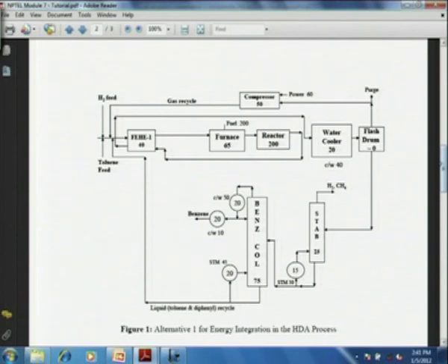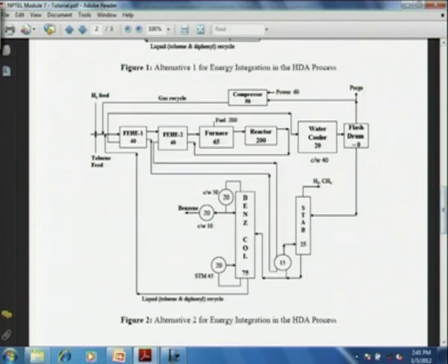Then the second alternative. In the second alternative, there are two feed to effluent heat exchangers. The effluent stream from the reactor enters the second exchanger first, then it drives the reboiler of the stabilizer column, then it enters the first feed to effluent exchanger, thereafter it enters the final water cooler, and thereafter the flash drum.